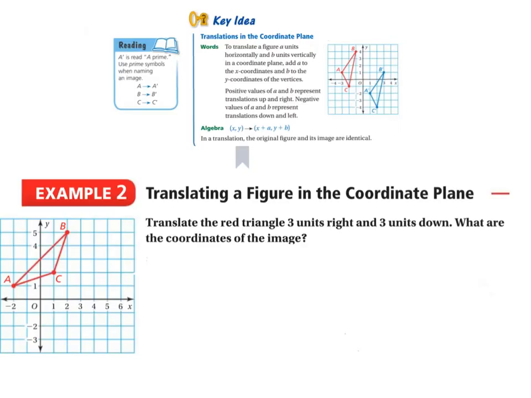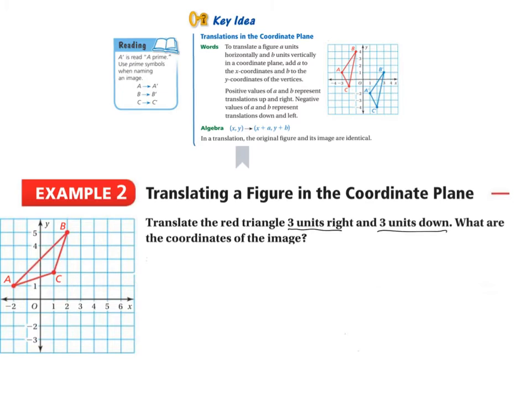Okay, so how do we do this? All right, so we want to look at the vertex. The vertex are the points where a shape comes to a point. So A, B, and C are vertices, and we're going to translate it 3 units right and 3 units down.